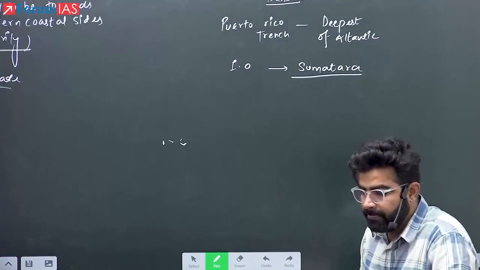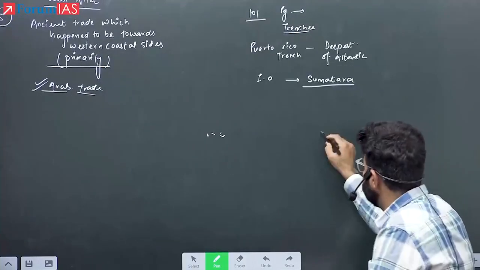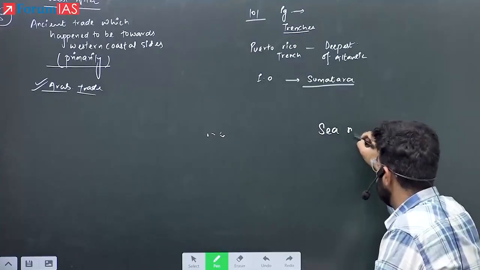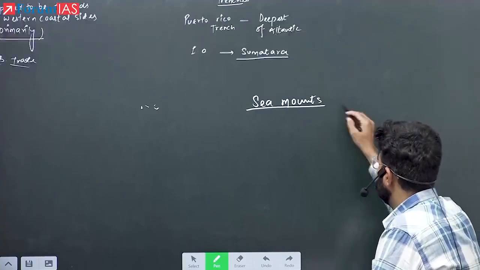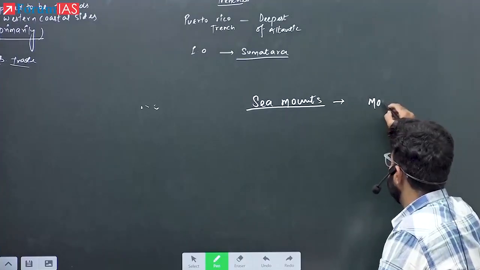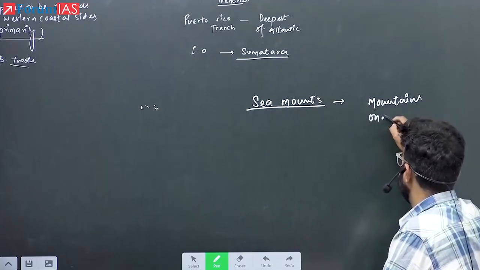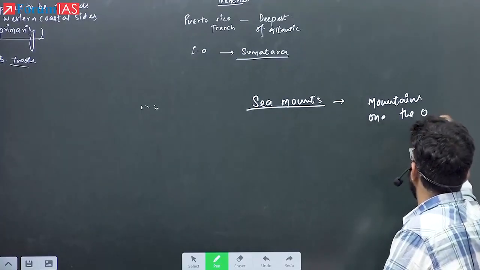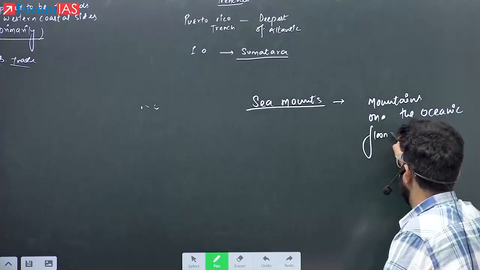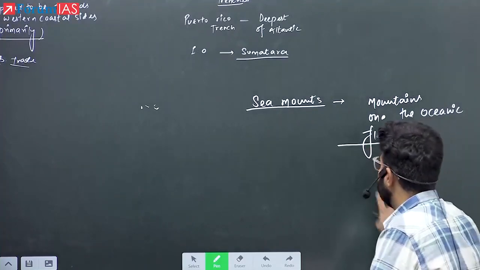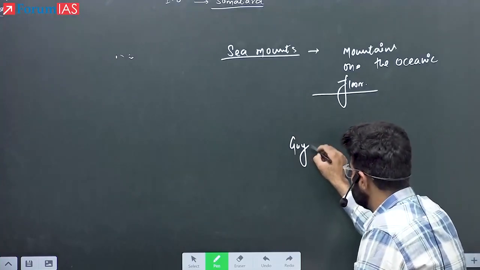Now in the relief, what are the other features? The sea mountains. First I am discussing the smaller features. Sea mounts. What are these sea mounts? These are the mountains on the oceanic floor. They are sea mounts, right? Then we have guyots. What are these guyots?